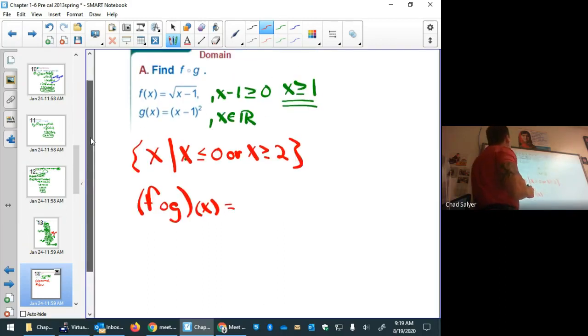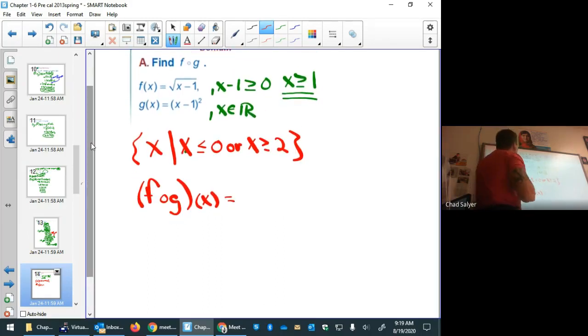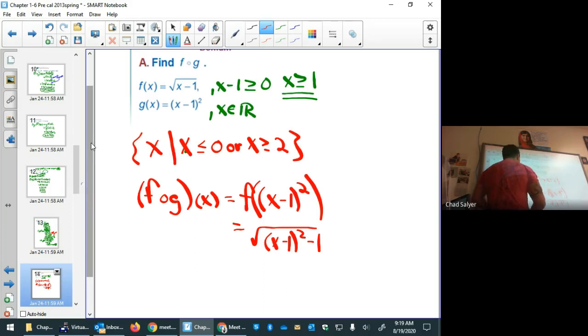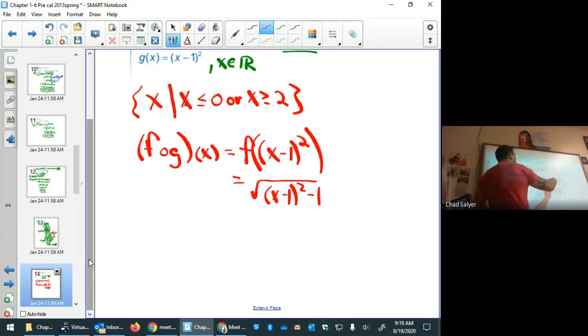So that's going to be f evaluated at x minus 1 squared. And that's going to be the square root of x minus 1 squared minus 1. And it would be unusual to leave it in this format.